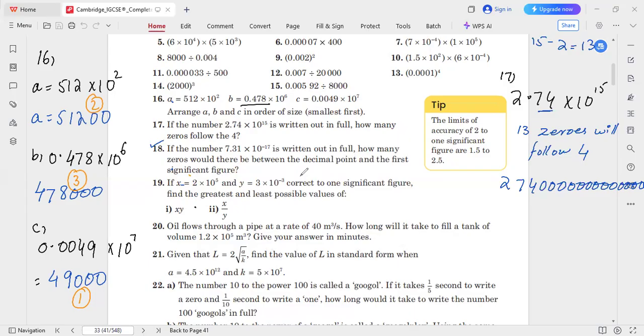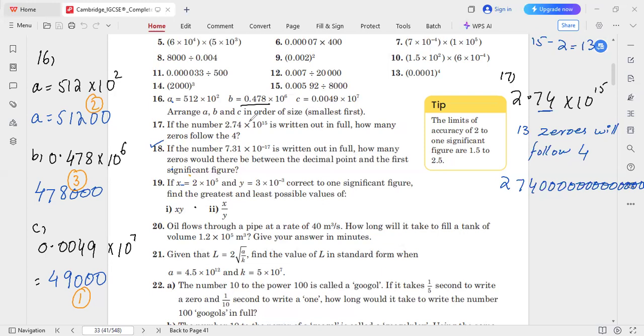So what we basically need to do is write down the number in the full form, and see how many zeros will be in between the decimal point that they gave and the decimal point that we will make. So let's find that out.